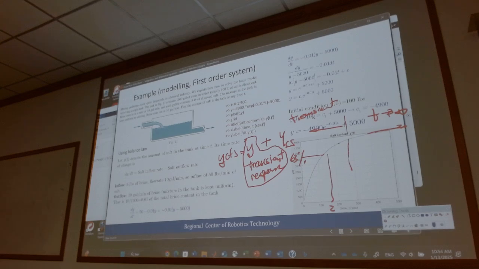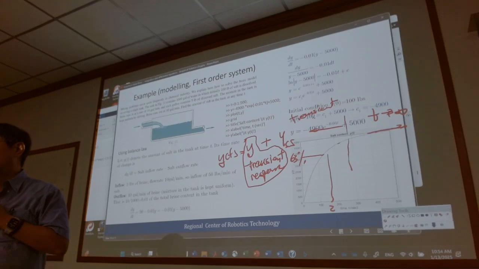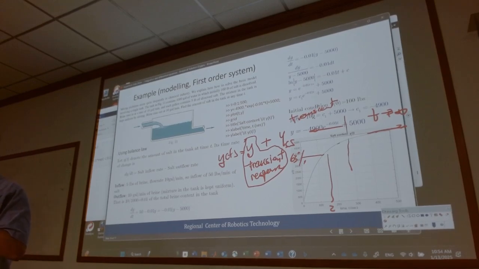No handwriting; if I see handwriting I give you 0. The university also gives you Office for free, MATLAB for free, everything for free.